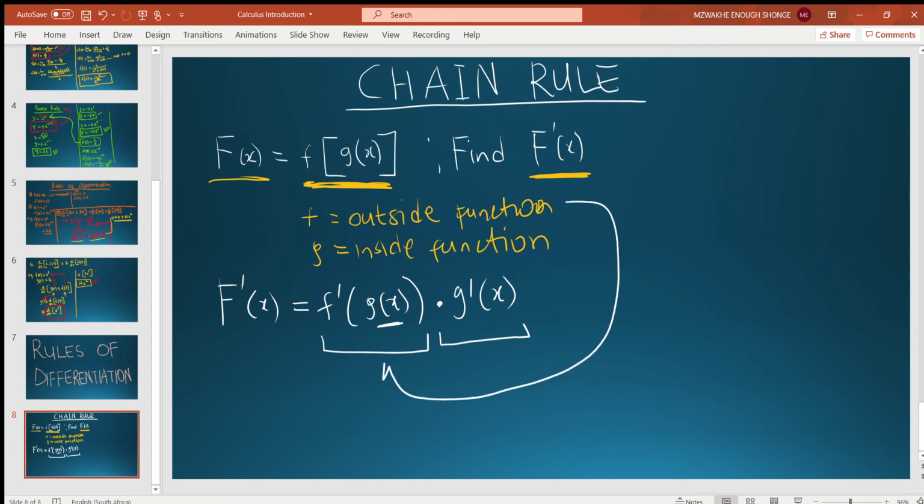So this is the derivative of the outside function multiplied by the derivative of the inside function.